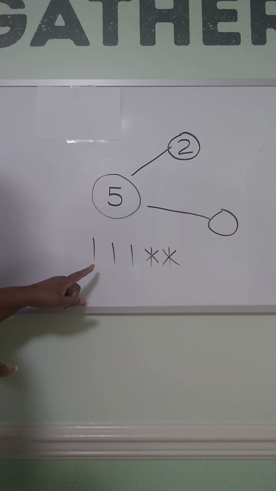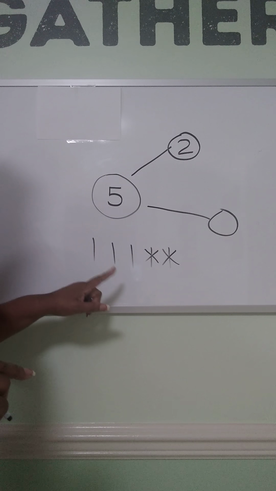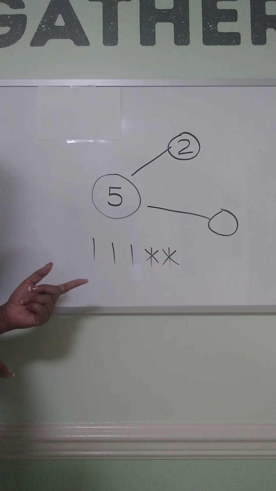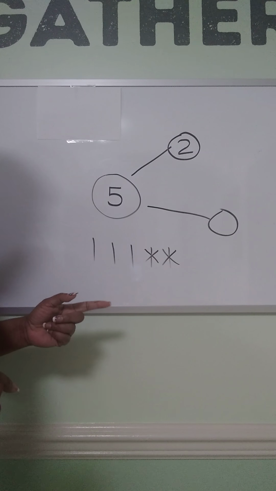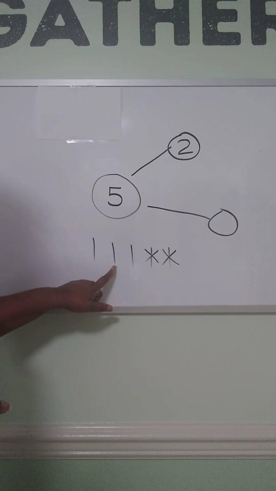Now, I have to count how many are left. Okay? So now we have to think about how many are left. Let's count how many are left. 1, 2, 3.